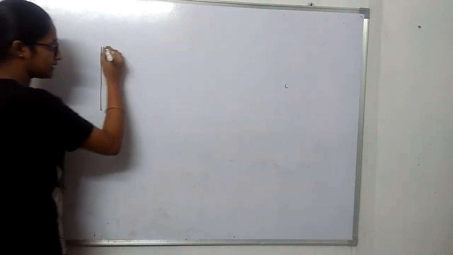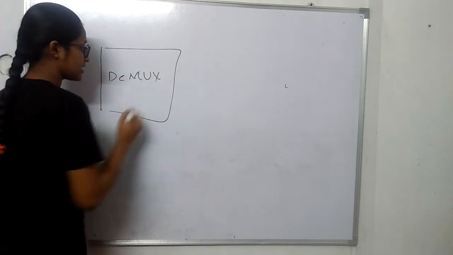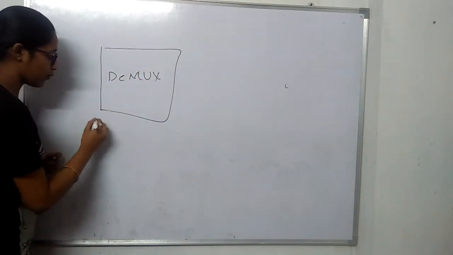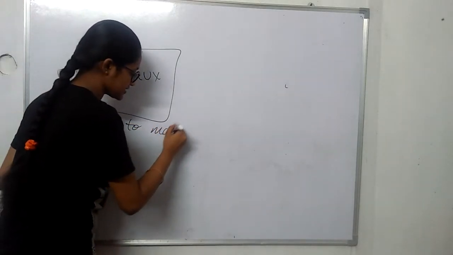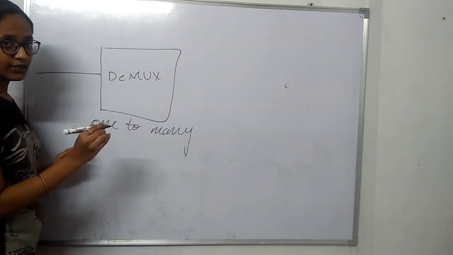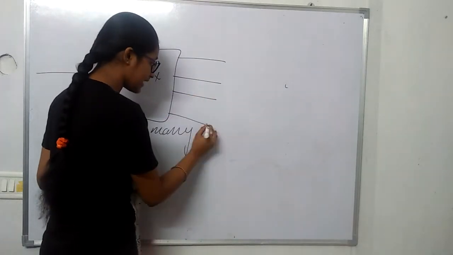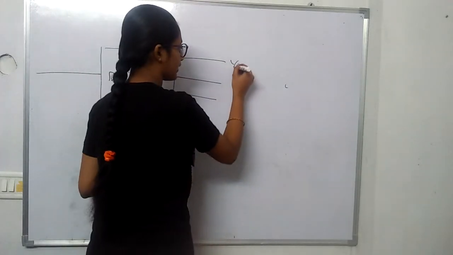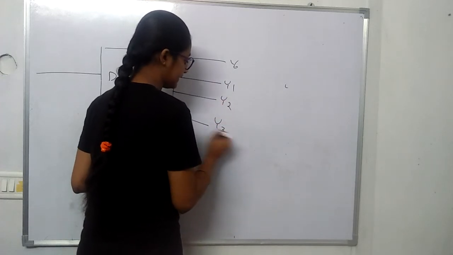So basically, demultiplexer, or demux, is nothing but one to many. The basic logic is one to many. From one data line, data should be sent to the desired Y0, Y1, Y2 or Y3 line.